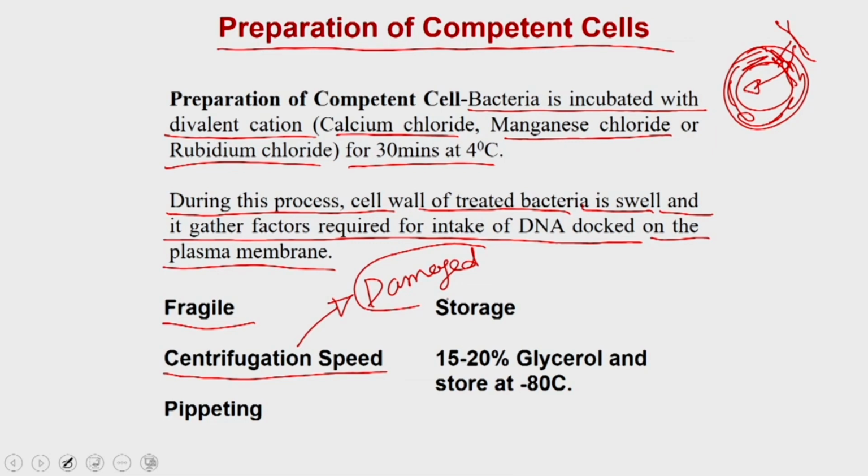The cell wall is already swollen. So, the protection which the cell wall provides for the bacteria to withstand different types of shear stress and harsh treatment is already gone, or it is swollen.